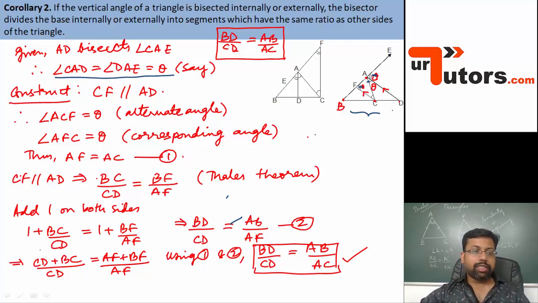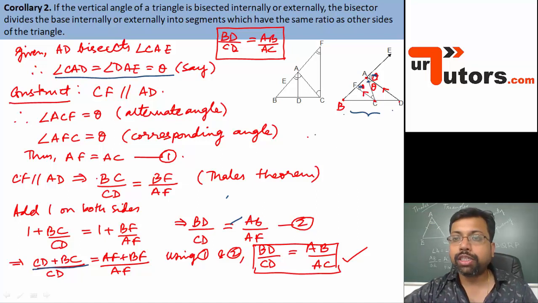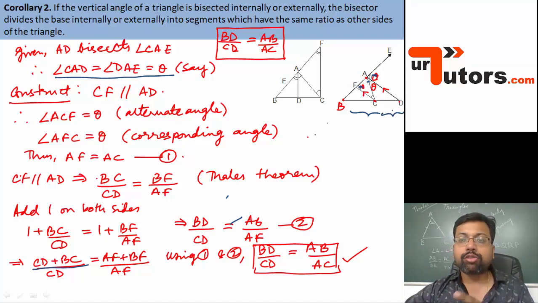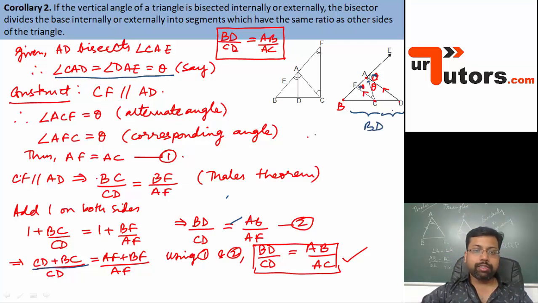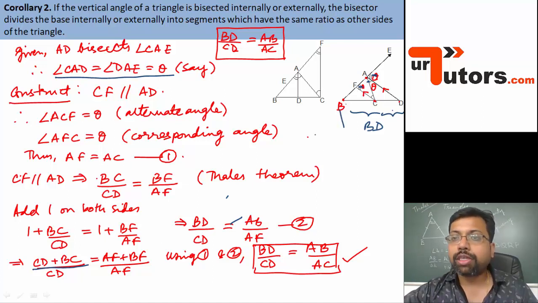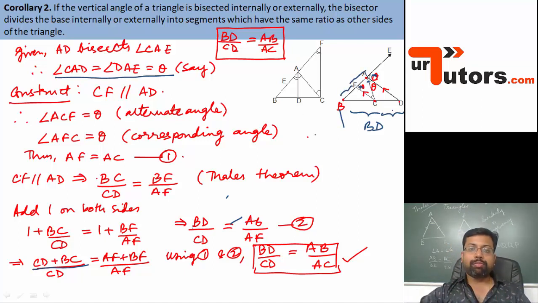Here when you take the LCM, you get CD plus BC on the numerator side, and CD plus BC is equal to BD from here. CD plus BC is equal to BD, right? So you can write BD in place of that, and on the right hand side you have AF plus BF. What is AF plus BF? AF plus BF is equal to AB. So this equation becomes BD by CD is equal to AB by AF.